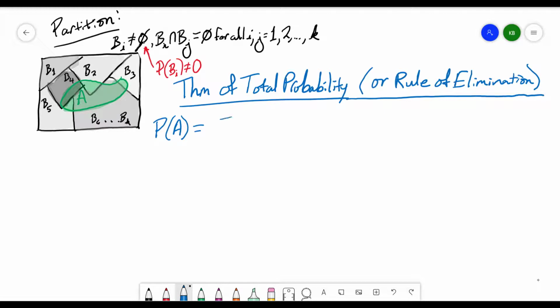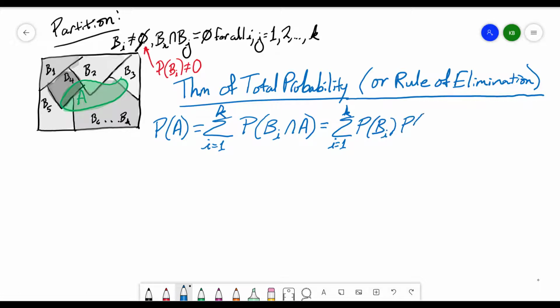So what I can do is I can take the sum from I equals 1 to k, this is our summation notation, of the probability of BI intersect A. And I can actually write this as the sum I equals 1 to k of the probability of BI times the probability of A given B sub I. So that's the equation that is my theorem of total probability. And of course, it has to satisfy this partition stuff.